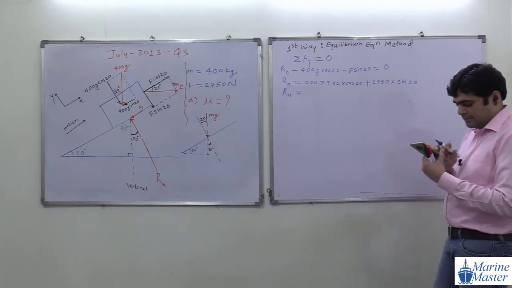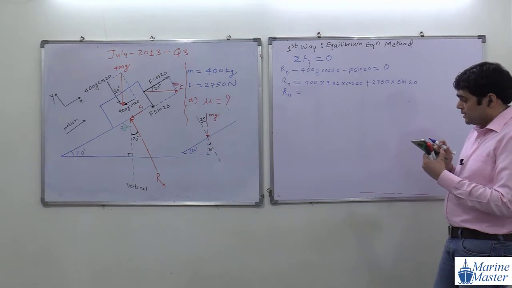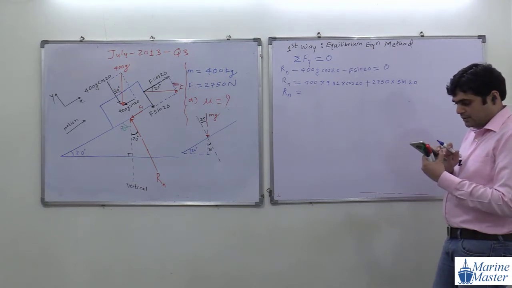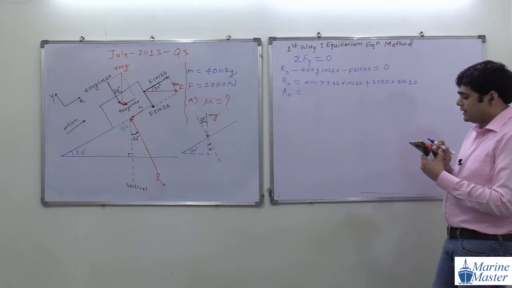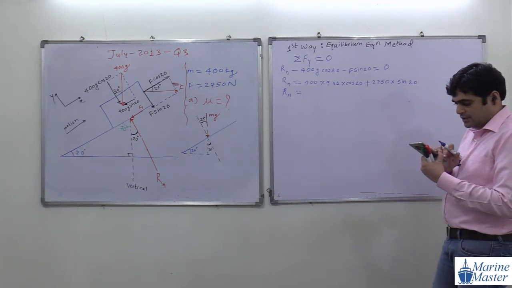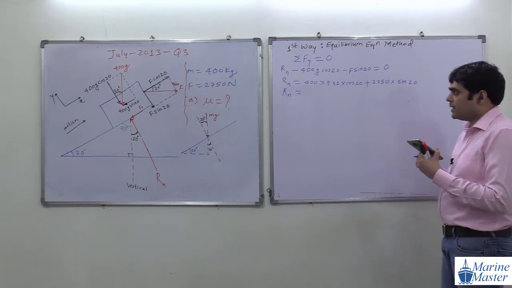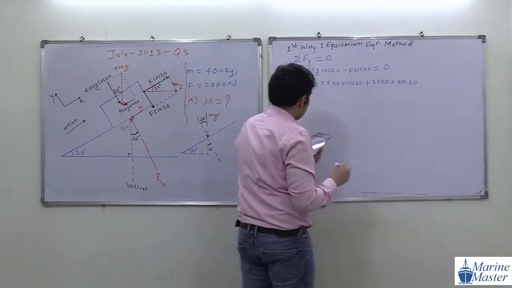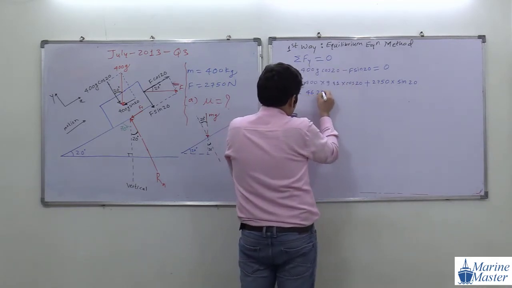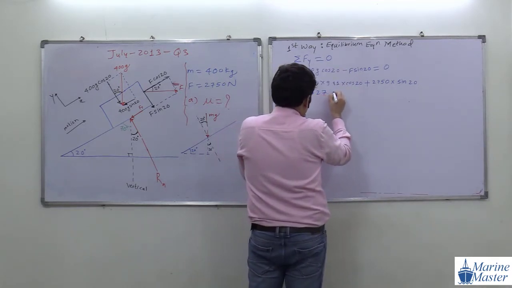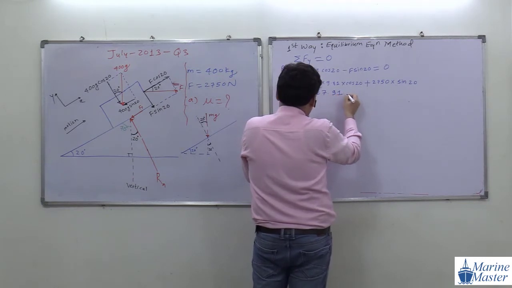400 multiplied by 9.81 multiplied by cos 20 plus 2750 into sin 20. So what will be the value, guys? We can take 4627.9092 Newton.